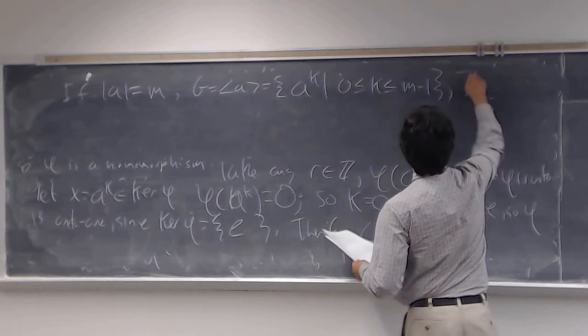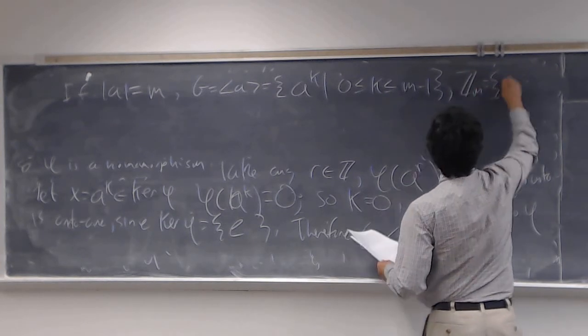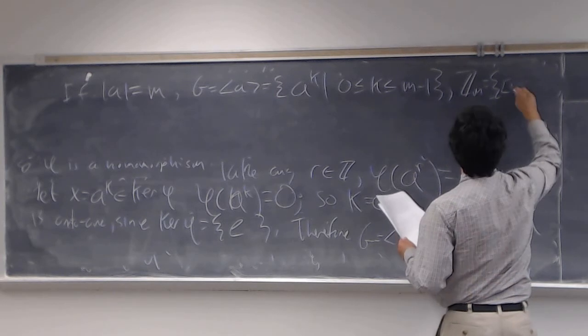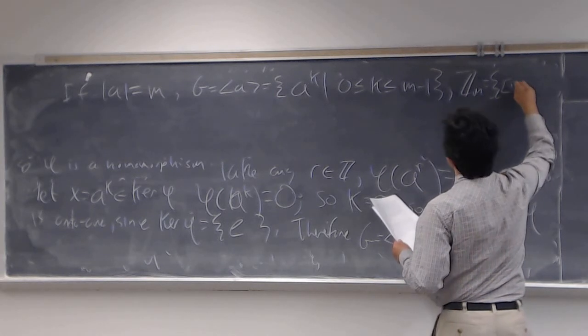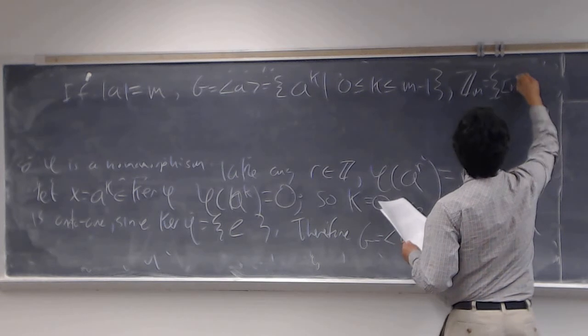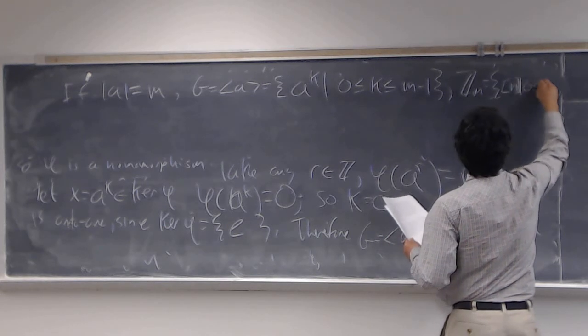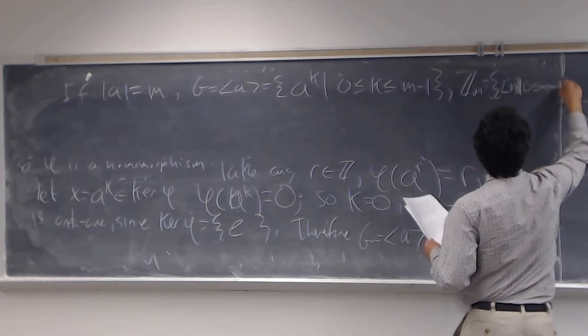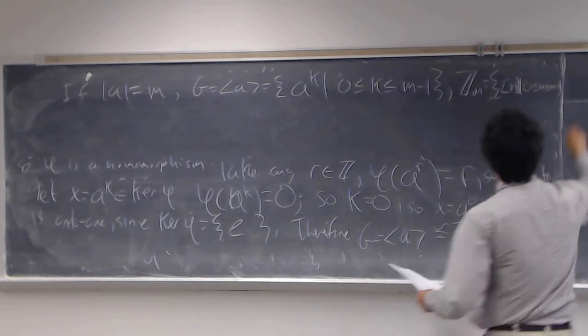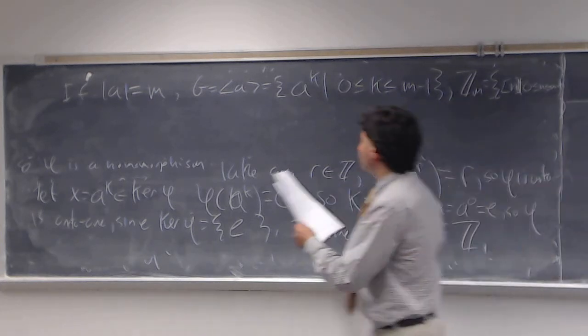And again, Zm consists of all equivalence classes of integers n, where n is between 0 and m minus 1. So what's a natural mapping?